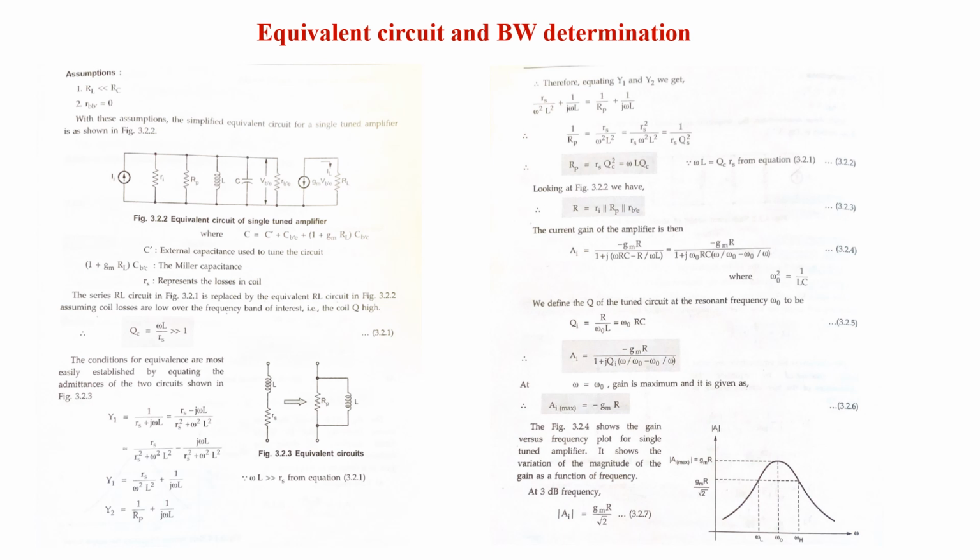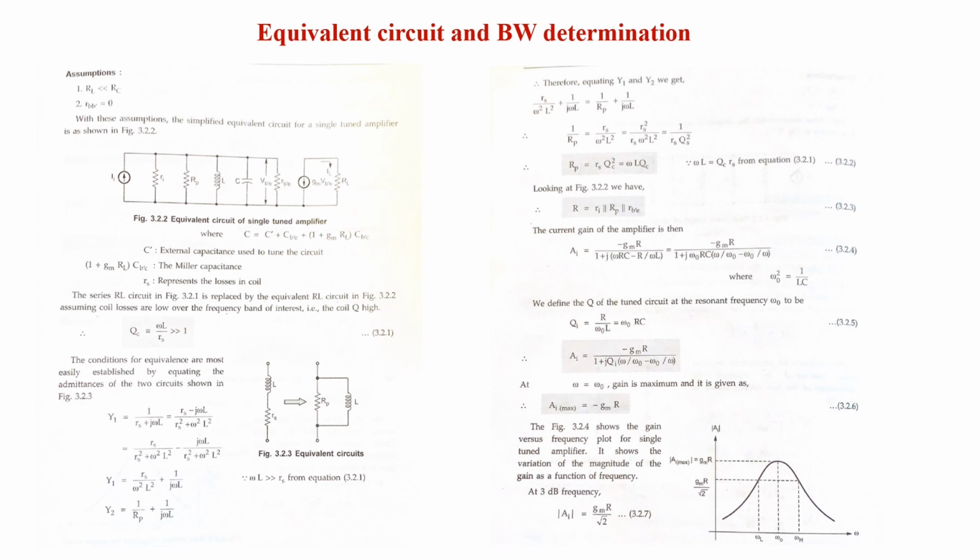You can see the equivalent circuit of a single tuned amplifier, and we have two assumptions, one on RL, the load resistance, and one more on RDD dash. With that, initially we'll be calculating the admittances y1 and y2. With the values of admittance, we'll be calculating the current gain AI from equation 3.2.4 that you can see on the slide.